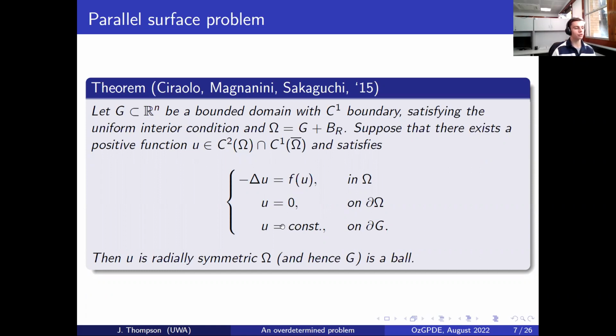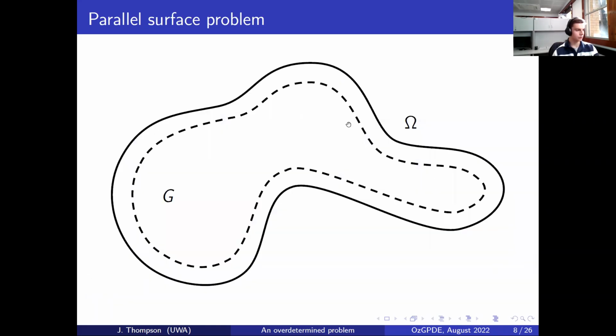It has Dirichlet boundary conditions, but this time we impose that u is constant on the boundary of G. To go back to the diagram, in omega we satisfy our semi-linear PDE. On the boundary of omega, u is 0, but on this curve here, which is the boundary of G, we impose that u is a constant.